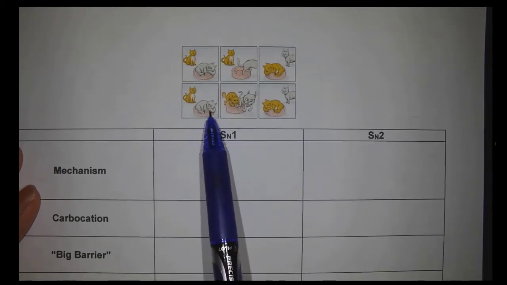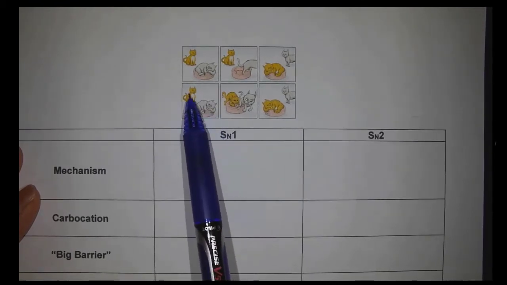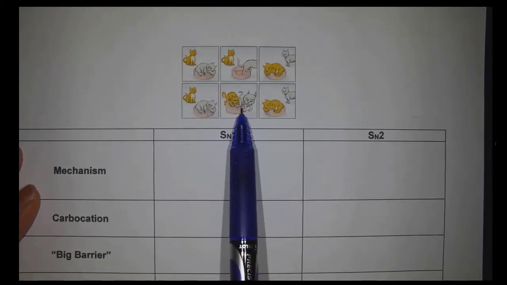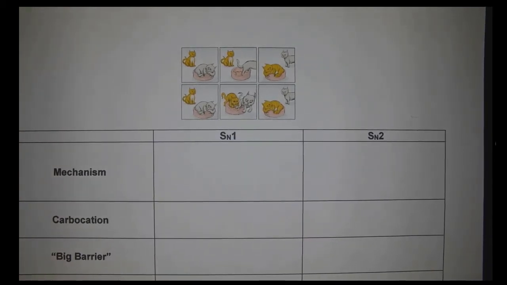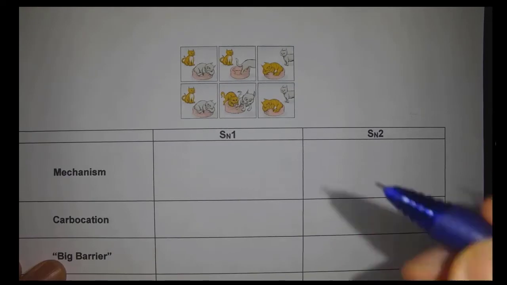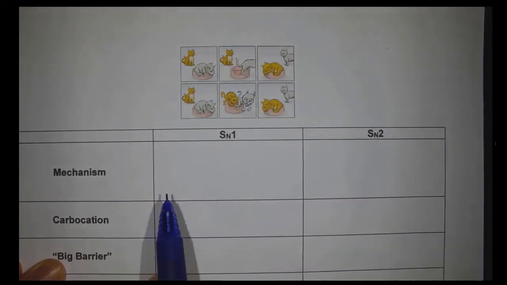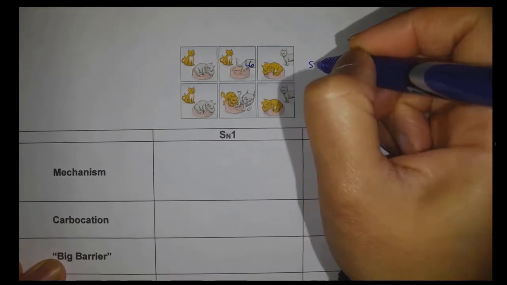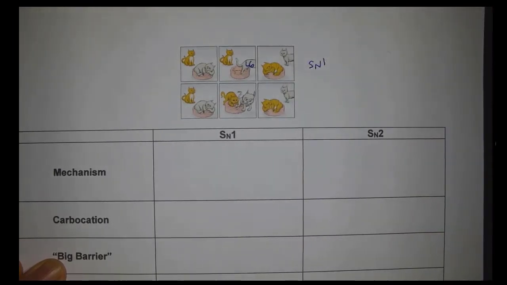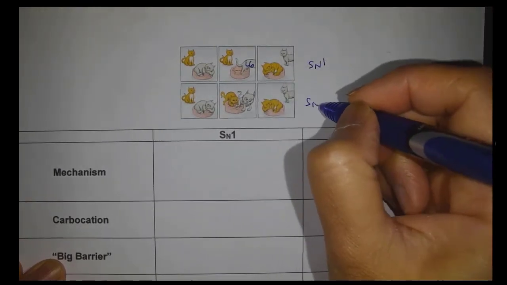In the other, a cat is sitting here, and the other one is violently attacking it so that it leaves, and now it's occupying the place. After comparing the two, we know that the one where the gray cat, which is the leaving group, leaves on its own is the SN1 reaction, and this is the SN2 reaction.